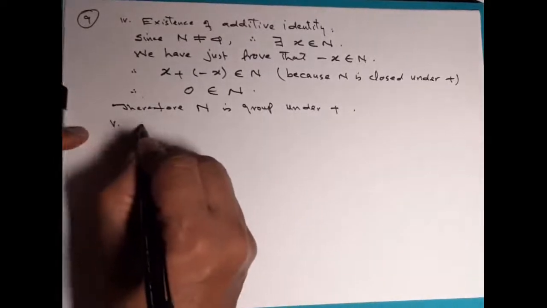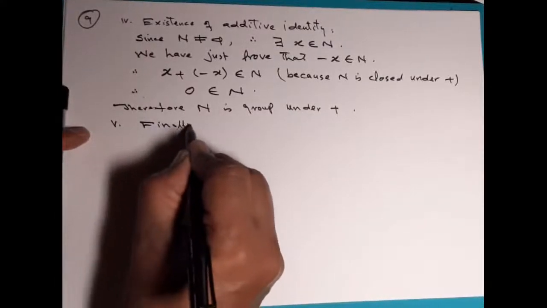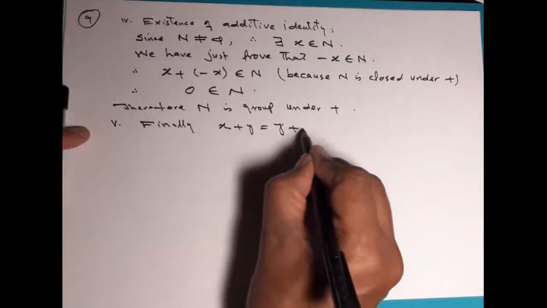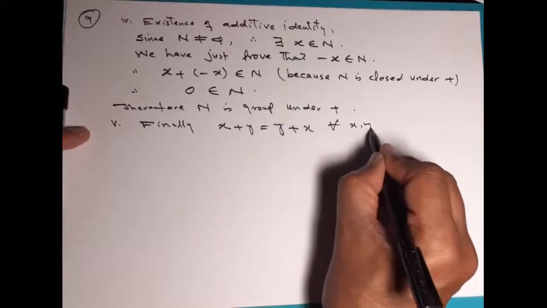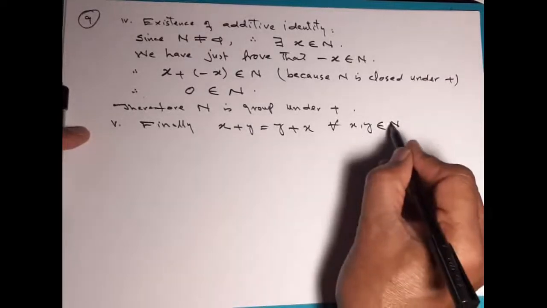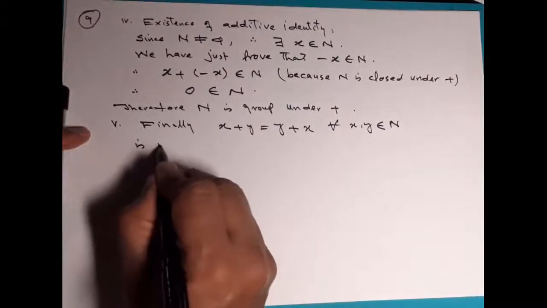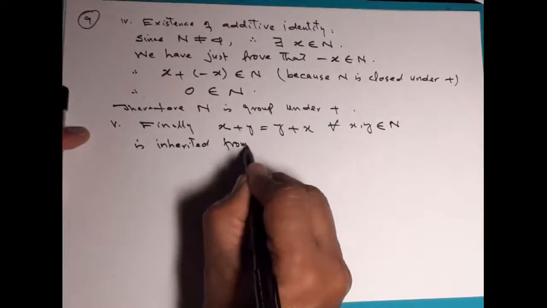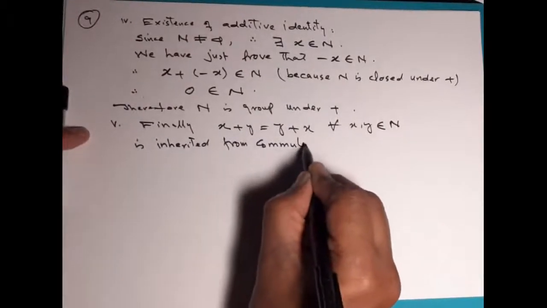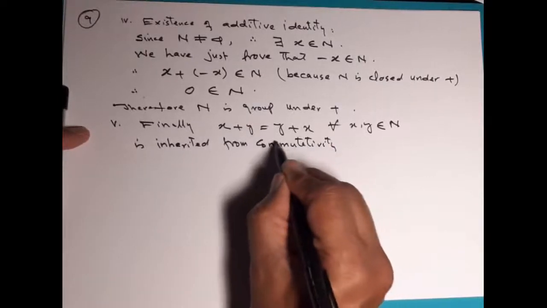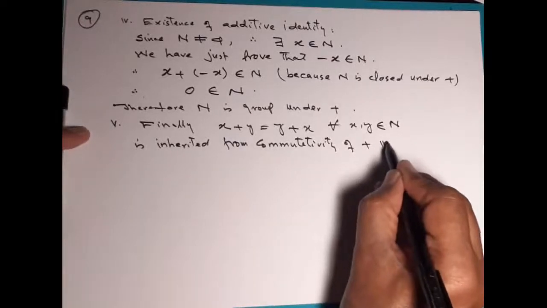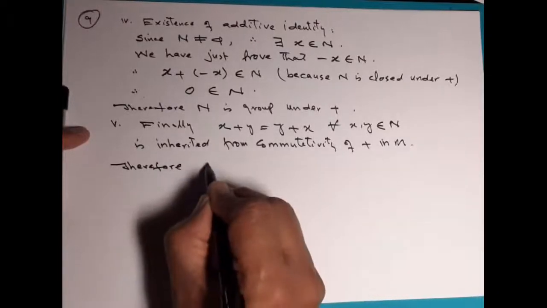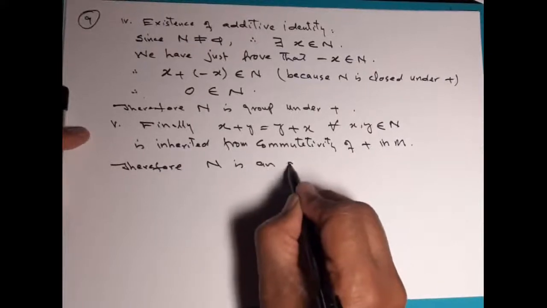And finally, x plus y is equal to y plus x for all x, y belonging to N. This property is inherited from commutativity of addition in M, and therefore N is an abelian group.